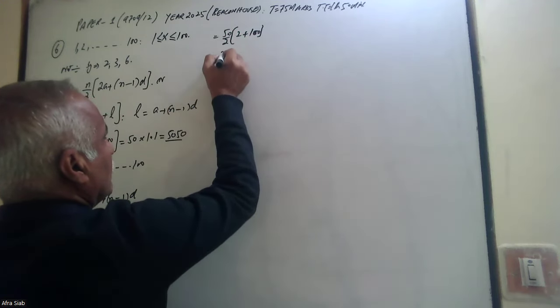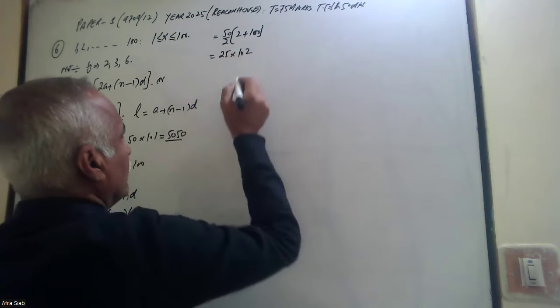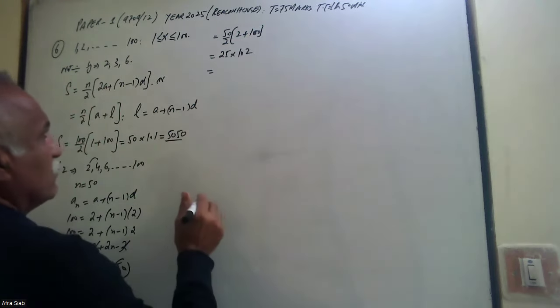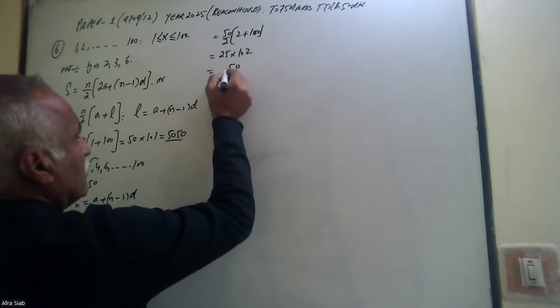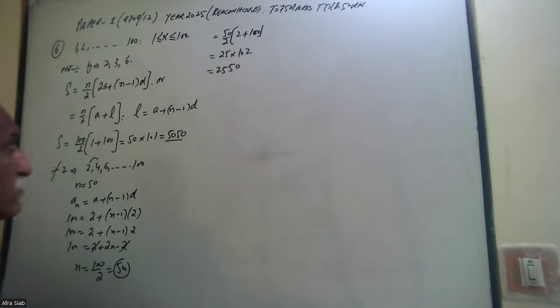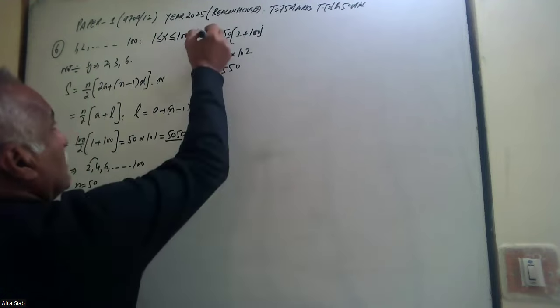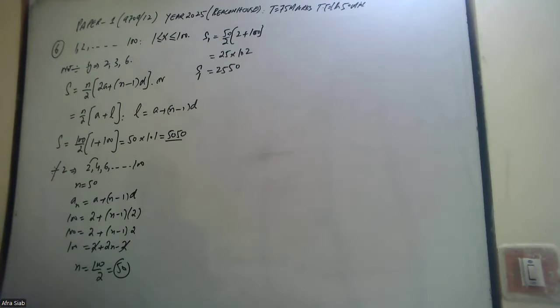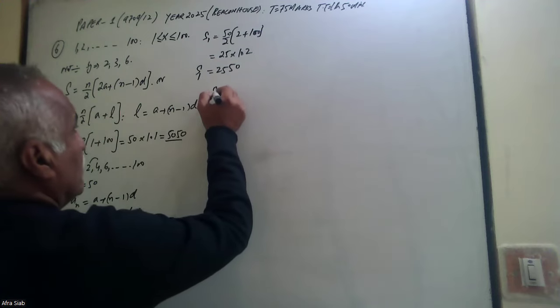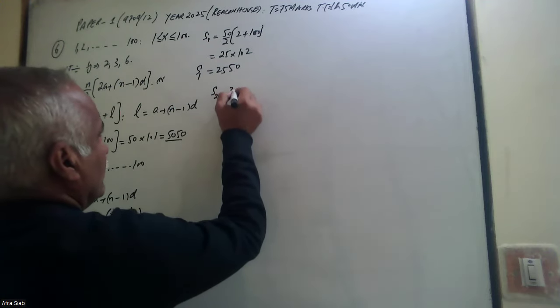This will become 25 into 102, and that is equal to, let's say S1, the sum of those divisible by 2. Now we will find the list of numbers divisible by 3. So let's say S2 is the series denoted by 3.